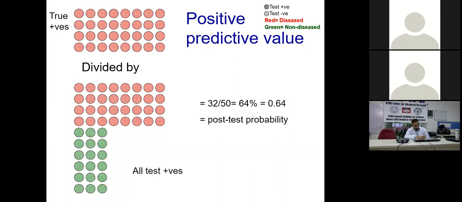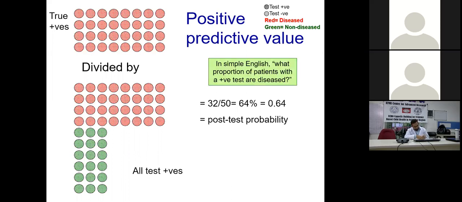That means what proportion actually have sepsis, blood culture positive sepsis, amongst those who are CRP positive. So if you work out the rows and columns, you would find that the denominator is 50, the numerator is 32, which is 64%. I would like you to remember this figure, 64%, or 0.64, because it's going to come later again. This is also known as the post-test probability.